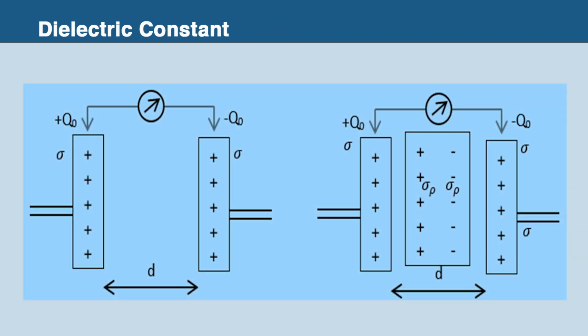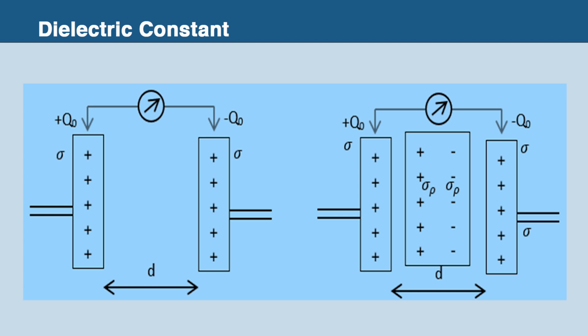What is dielectric constant? Here the diagram shows how a dielectric material, meaning insulating material, behaves when placed between two charged plates.